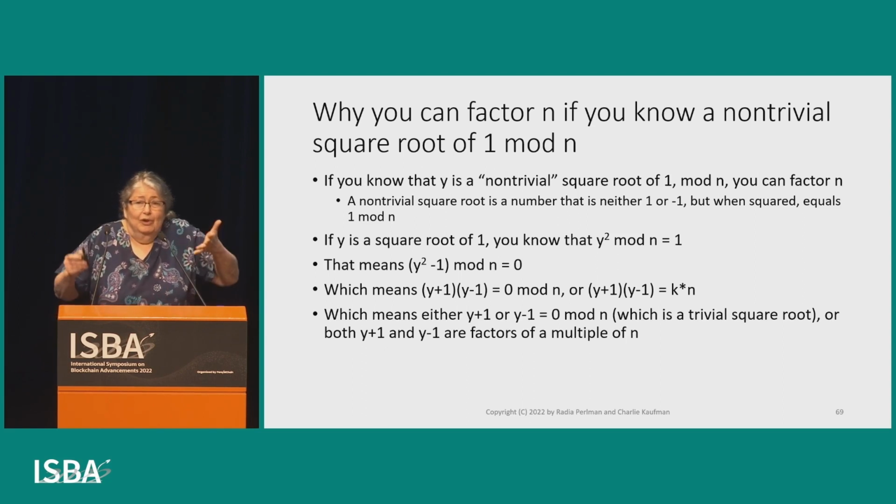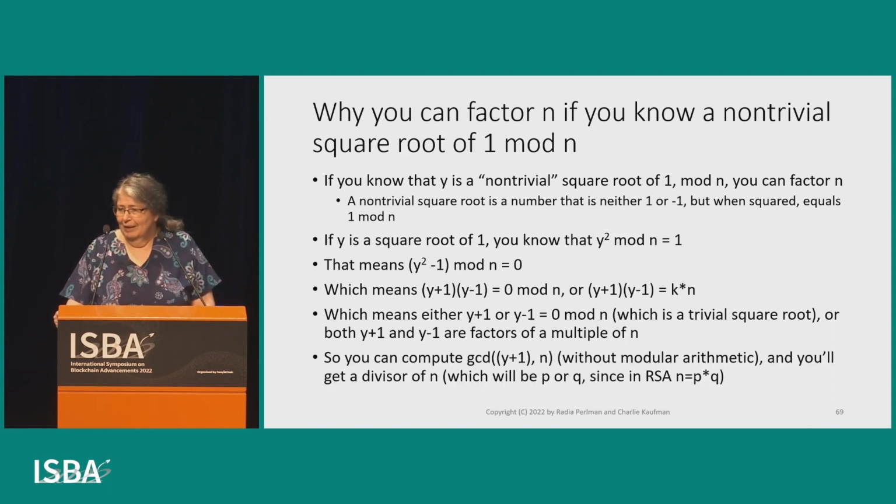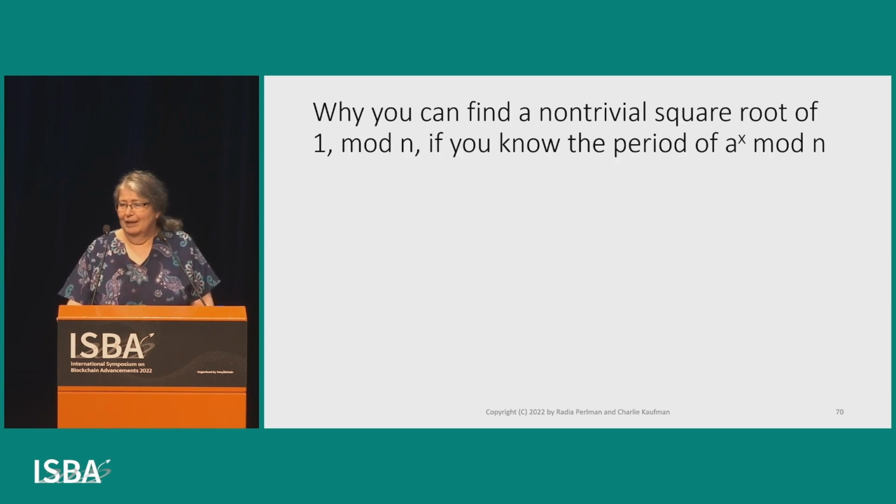In an RSA modulus, n is the product of 2 primes, p and q, so one of them will be p and one of them will be q. So if you compute the greatest common divisor of this non-trivial square root of 1 mod n with n, you will find out either p or q, and then you've now factored n.